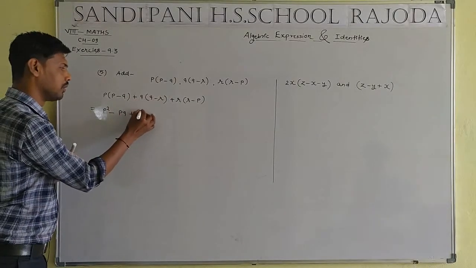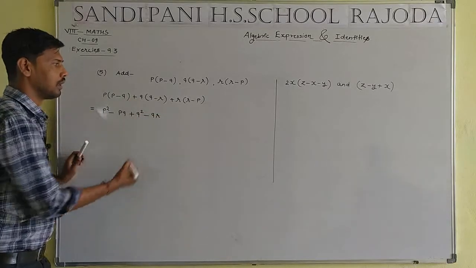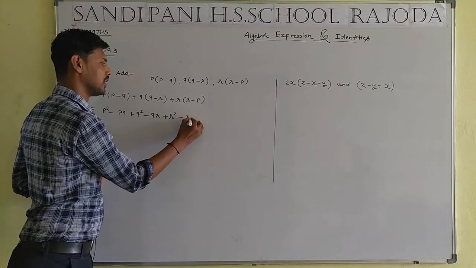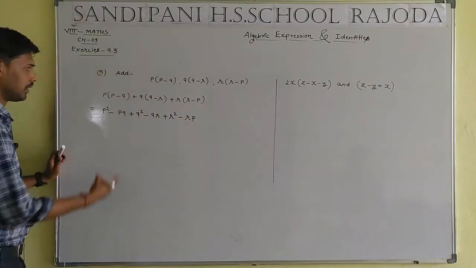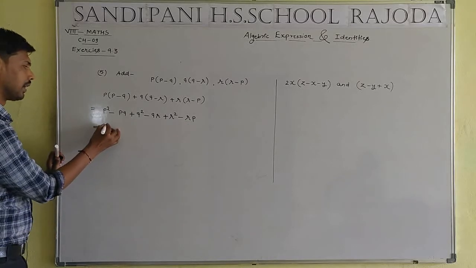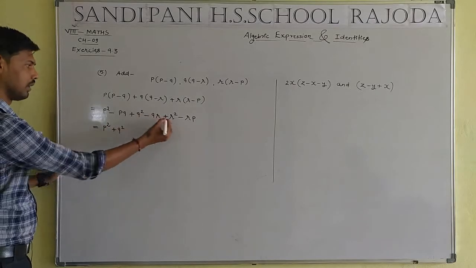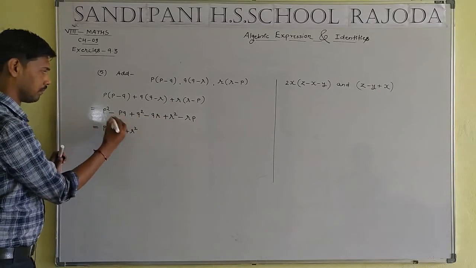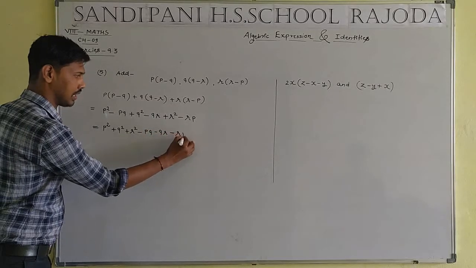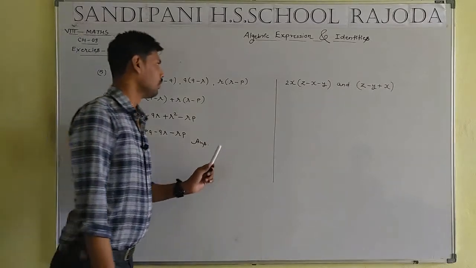Plus q into q will be equal of q square plus minus qr plus we are getting the r square plus minus that means rp. Student, here both are different variables. We take only arrangement p square plus q square plus r square minus pq minus qr minus rp. Okay, student, that is the solution for the question number 4 first.